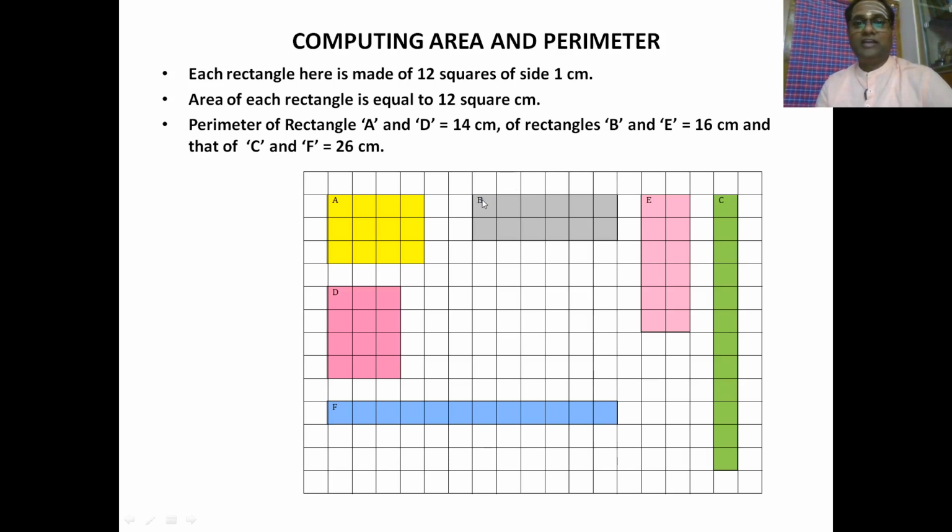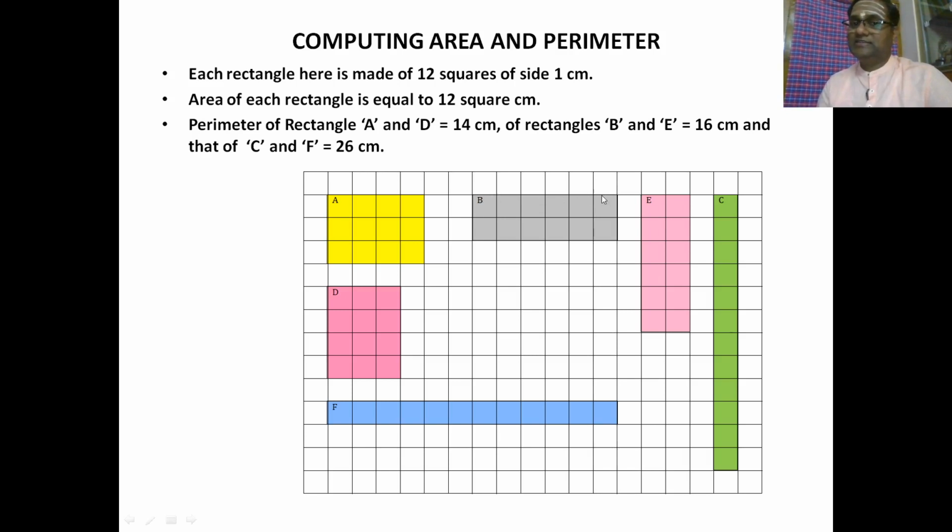Now coming to rectangle B and rectangle E, you can see there are 6 boxes and double of 6 boxes, that is totally 12 boxes. Even here 2 into 6 makes 12. So when we move along the boundary, we shall be counting the sides of the boxes.